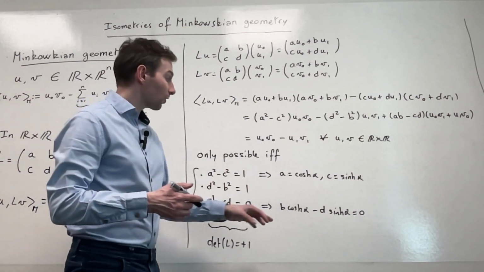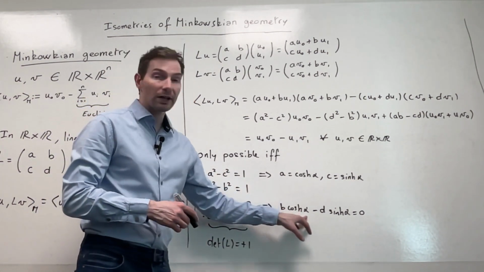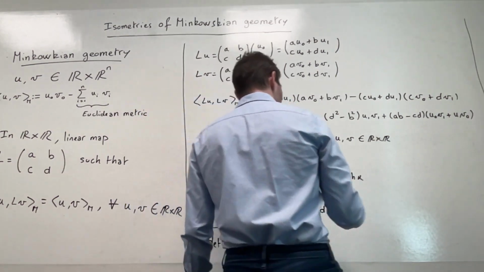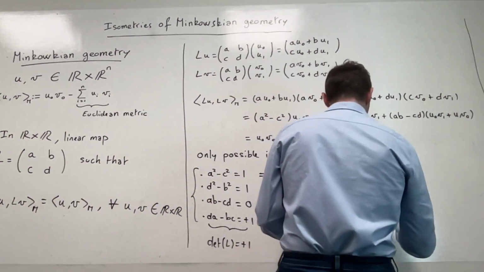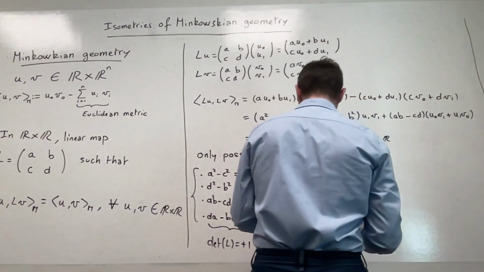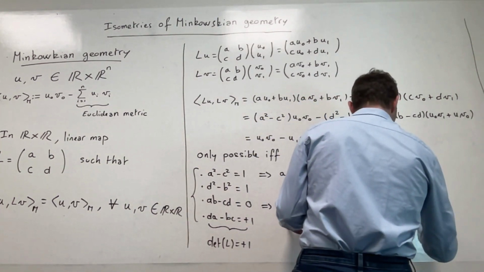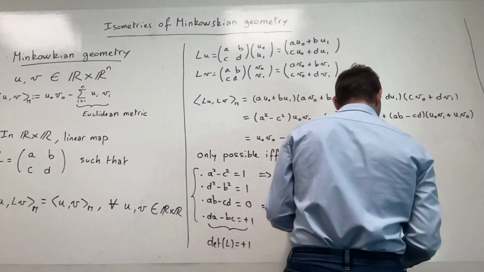These are not the same functions, of course. And so if you want that to be true, whatever the value of alpha is, then essentially you're going to reach the conclusion that B must be equal to plus or minus sinh alpha.